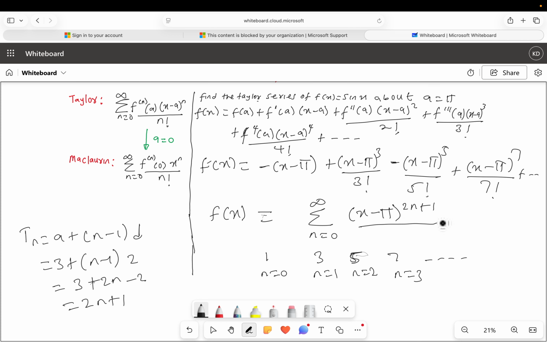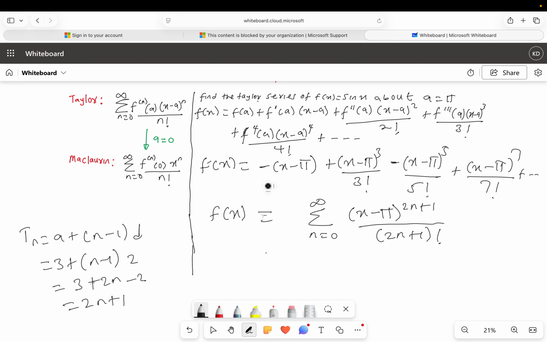Then the denominator also has the same progression, 1, 3, 5, 7. So I will have 2n plus 1 factorial. Now I need to deal with this switch in sign. It started from negative, then moves to positive, then negative, then positive.